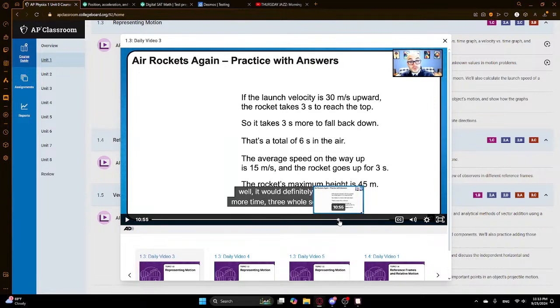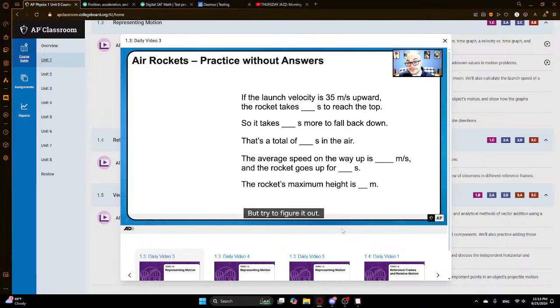I'm confused about this now. Isn't this 35? So the rocket goes up for 3.5 seconds. Rocket's maximum height is... wait, isn't it just 35?